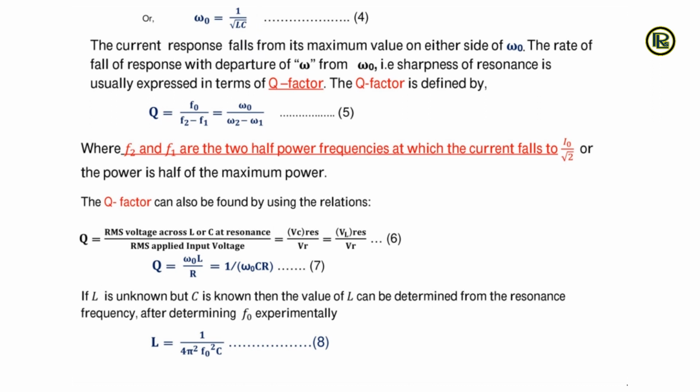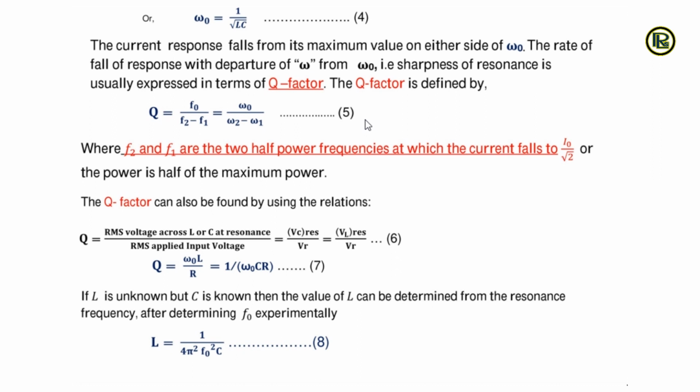Therefore, this equation helps us to find out the value of the resonant frequency: omega 0 equals 1 by root over LC. So far we have obtained the resonance curve and the resonant frequency. Now we will come to the quality factor or the Q factor of the circuit. We have seen the current response of a series LCR circuit falls from its maximum value on either side of omega 0.